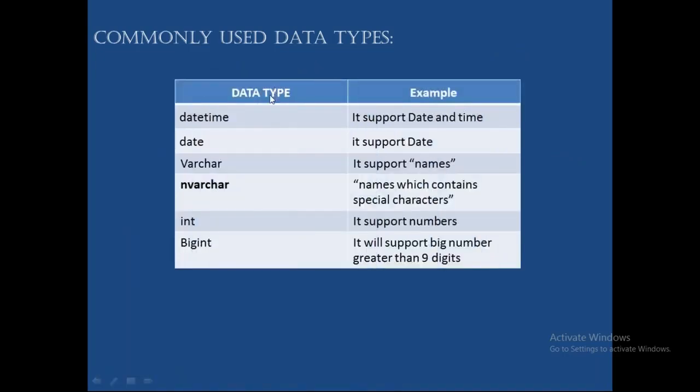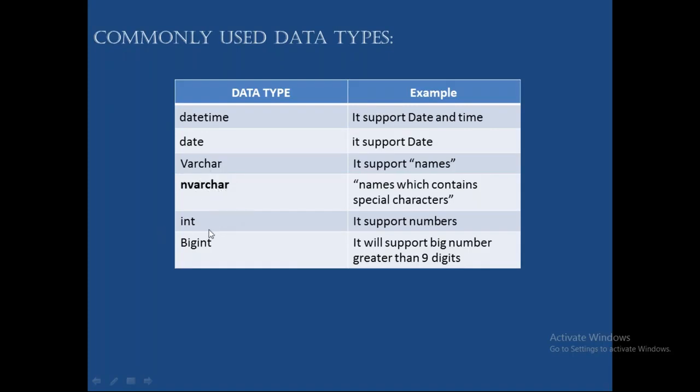So we already talked about all these things. Commonly used data types: datetime means you will get date plus time. Date means only the date. Varchar is for names in a table, for example city names, product names, vehicle names, person names, company names, whatever it may be. If the name has any special characters, you need to define nvarchar instead of varchar.